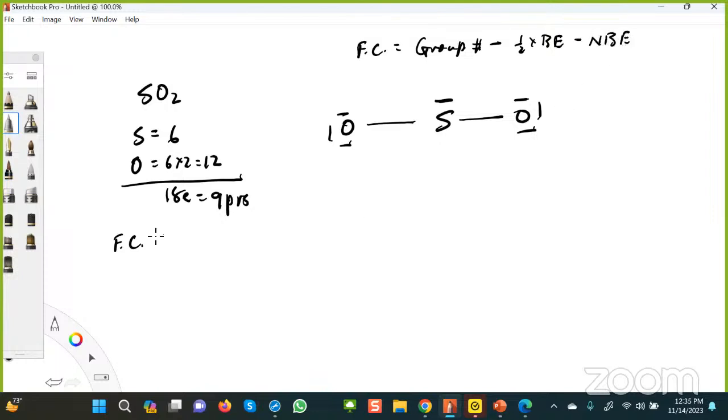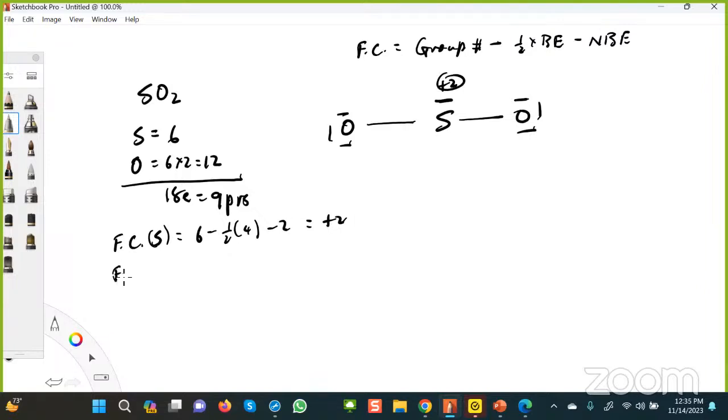All right? So the formal charge for sulfur will be 6 minus half of 4 minus 2. So that's 6 minus 2 minus 2. So that's plus 2. So there'll be a charge of plus 2 on the sulfur.